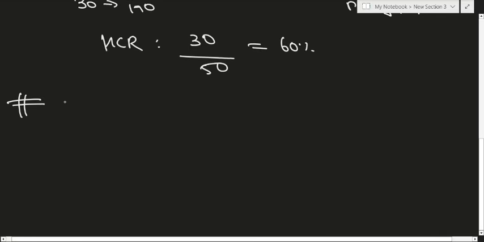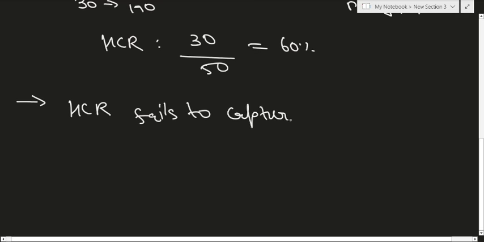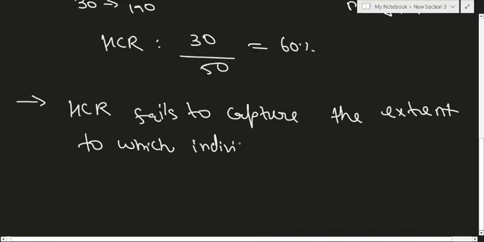Okay, now the second ratio we have is, but one important thing before we move to the next one, HCR fails to capture the extent to which individual incomes fall below the poverty line.